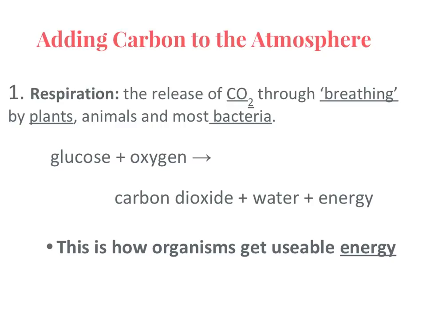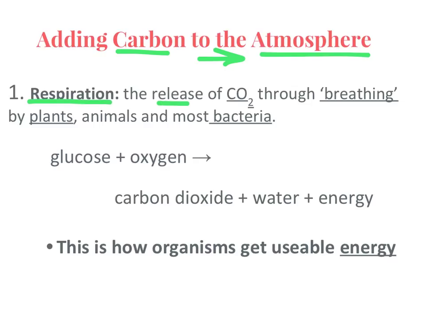So now that we're ready to put some labels on our diagram, let's talk about the different terms. The first set of terms we're going to look at is talking about how carbon gets into the atmosphere. So we have carbon going from locations or from objects into the atmosphere. Number one is going to be respiration.